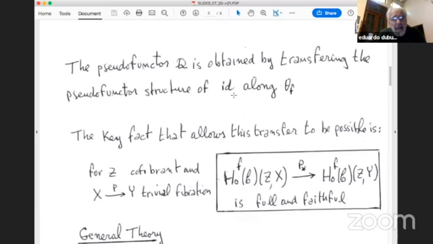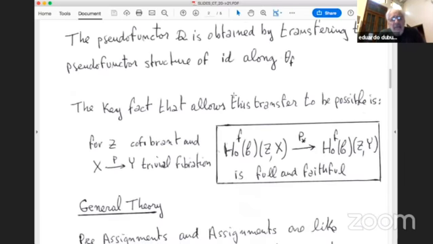Now, the key fact that will allow us to do this transfer was the thing which is inside this rectangle here. Look at it.